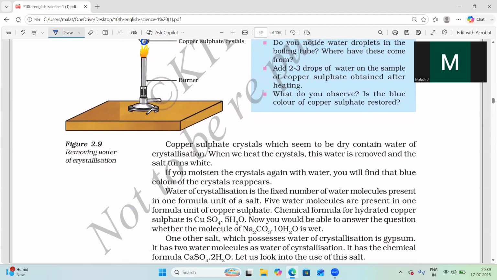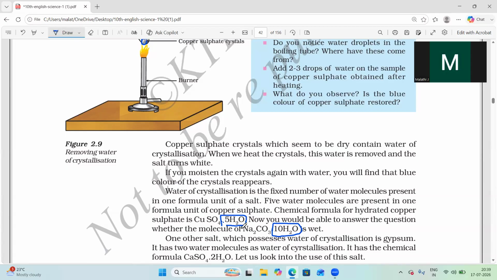If you see, copper sulfate crystals which seem to be dry contain water of crystallization. If you observe here, dot 5H2O, dot 10H2O for sodium carbonate, and for copper sulfate, 5H2O.